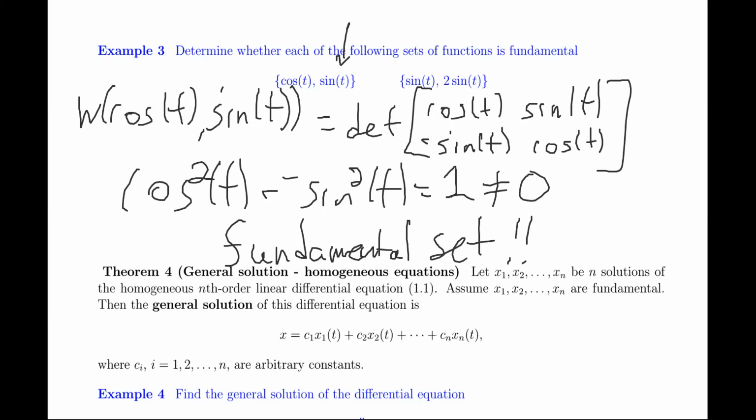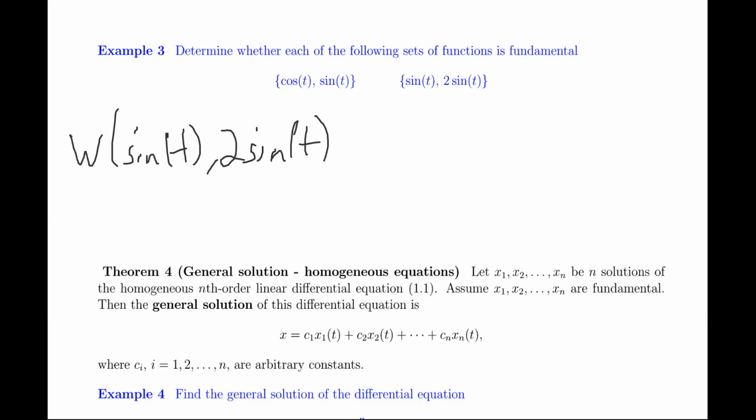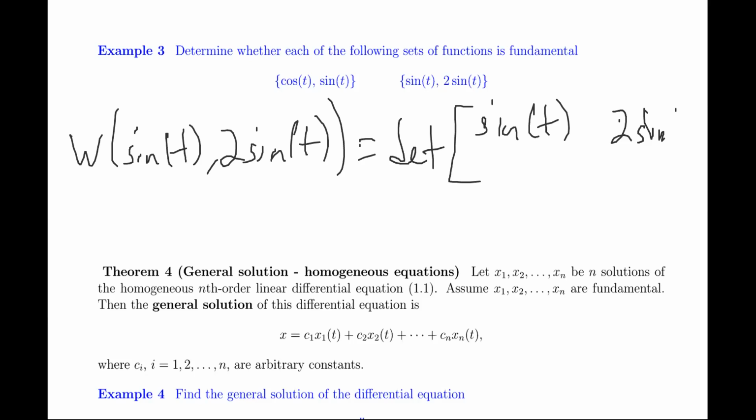All right, let's try this for sine of t and 2 sine of t. So we find the Wronskian of sine of t, 2 sine of t. This is the determinant of the matrix sine of t, 2 sine of t, and then the derivative of sine of t is cosine of t, and the derivative of 2 sine of t is 2 cosine of t.